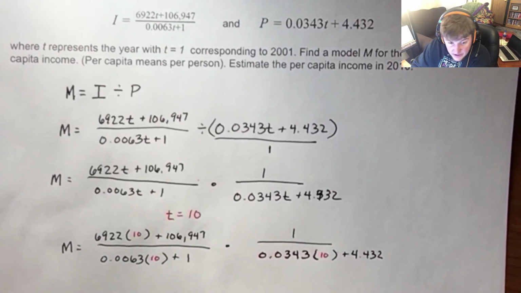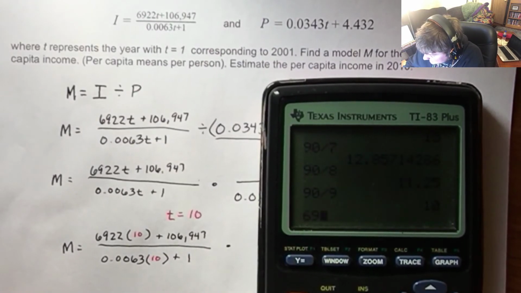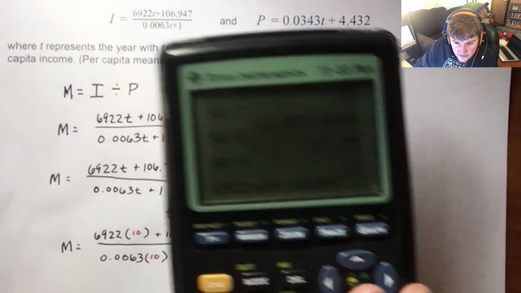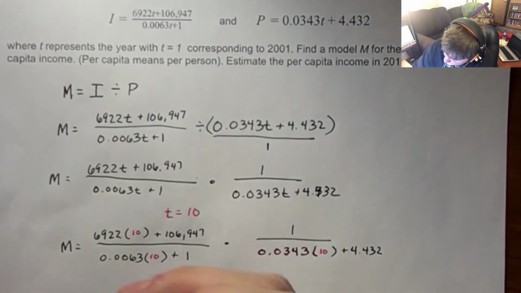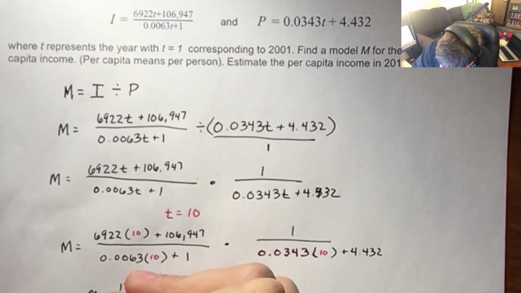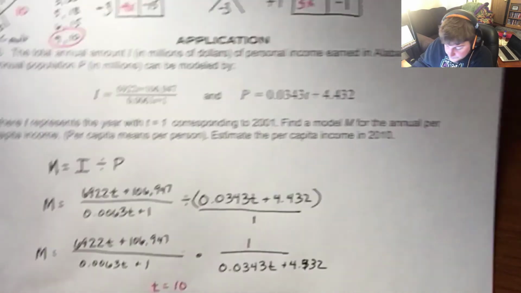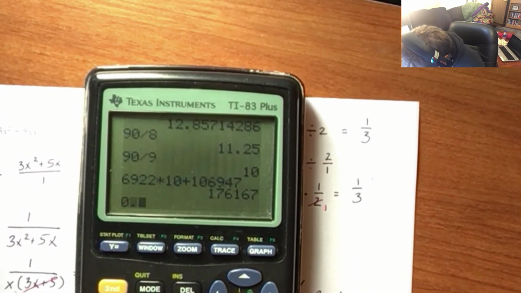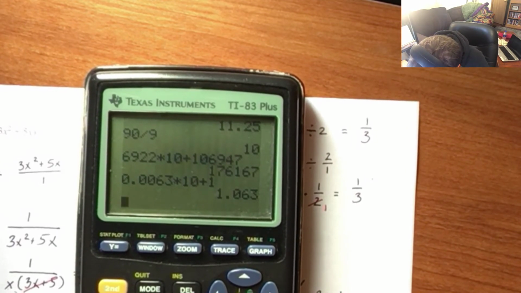Okay, so let's just figure out what these numbers are. I can go ahead here and go 6922 times 10 plus 106,947. That's the top left number, 176,167. Let's figure out the next number: 0.0063 times 10 plus 1 is 1.063.